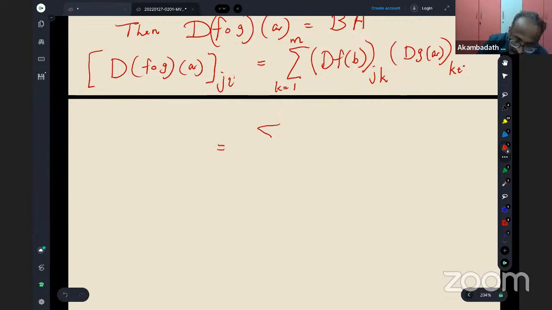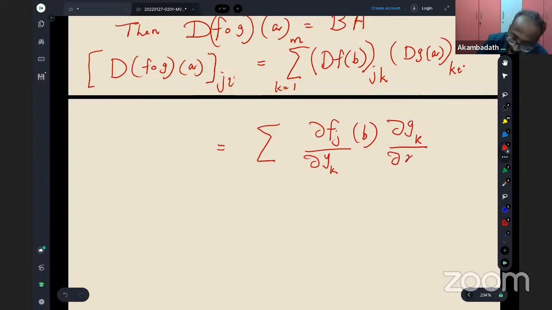So it's nothing but, if you want it in terms of the partial derivative, this is df_j by dy_k evaluated at b, into dg_k by dx_i evaluated at a, where k is running from 1 to m.